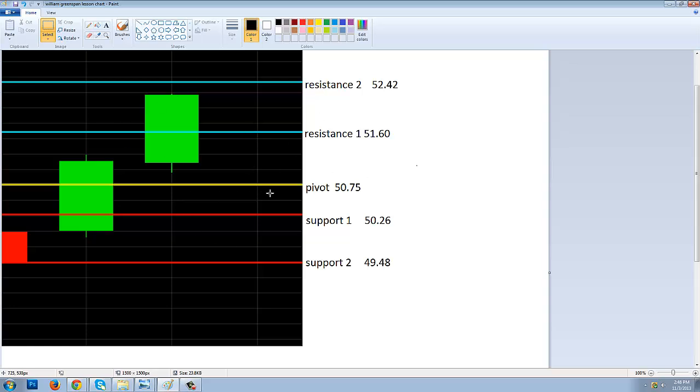This is what most of the professionals do, and some use resistance and support only. It's just to help see where the price is going. Is it going up or is it going down? This is always something that you can rely on.